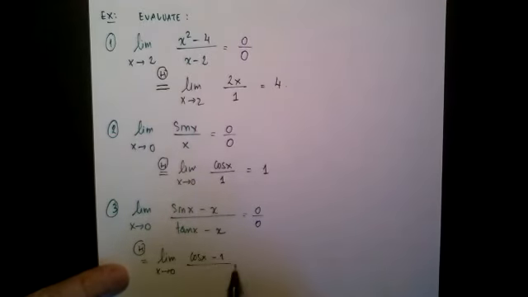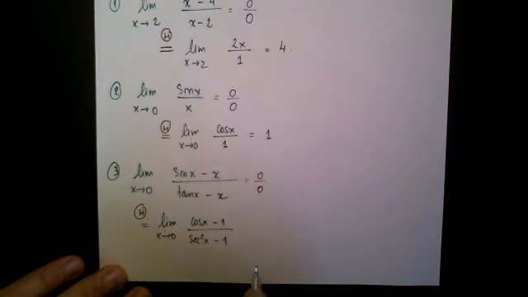All good? And then I replace again the 0 inside. Cos of 0 is 1, minus 1 is 0. And on the bottom, secant is 1 over cos, so that would be 1 minus 1 is 0 again. Oh, there you go. So I have to do L'Hopital's rule again.